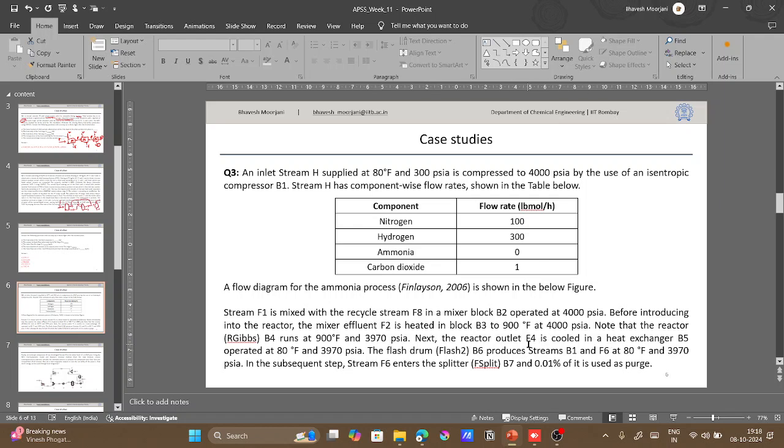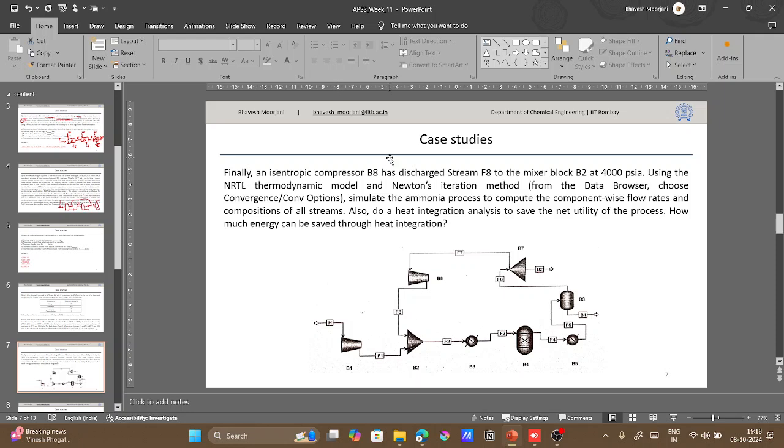The reactor outlet is cooled down to 80 degree Fahrenheit. Then it is flashed in the flash 2 column, where the vapor product of the flash is split. 0.01% of that part is purged, while the rest is recycled. Before recycling, it is compressed back to 4000 psi.